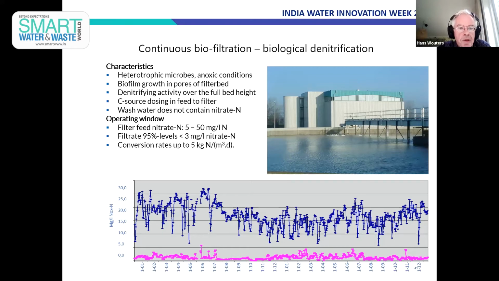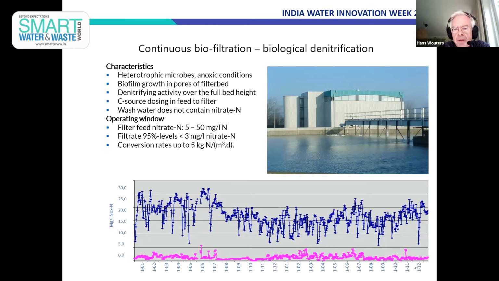Typically, a carbon source is dosed into the feed of the filter, and then you'll get a conversion process which looks like as indicated in the graph, where the feed nitrate is in the range of 10 to 25 milligram per liter, and the filtrate pink data set is consistently on, let's say, 3 milligrams per liter.